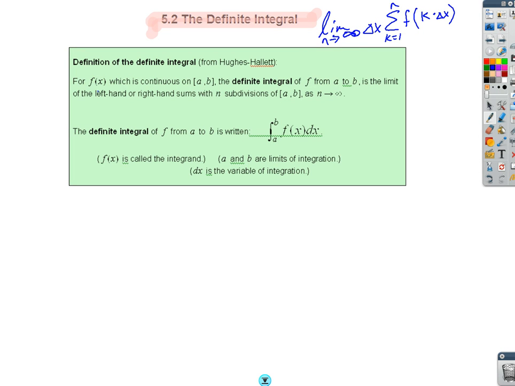That's what this first part up here talks about. A definite integral, for which f of x is continuous on the closed interval a to b: the definite integral of f from a to b is the limit of the left-hand or right-hand sums with n subdivisions as n goes to infinity. And that's what this up here is explaining. Now they have their own way of saying what the definite integral is. And here's my integral notation.